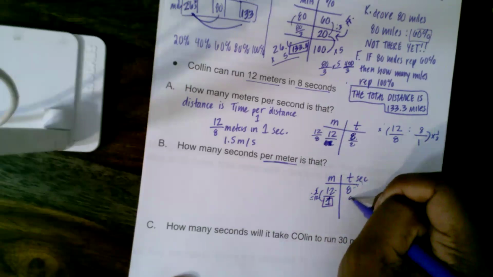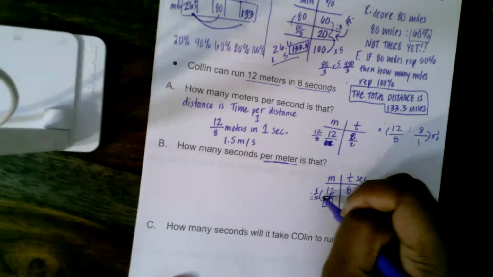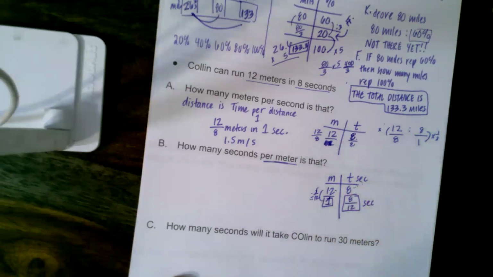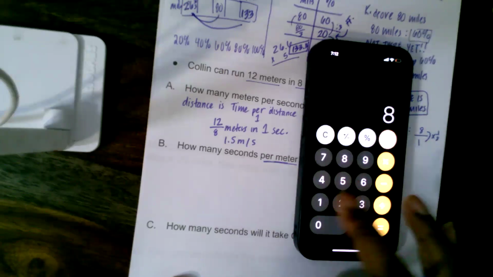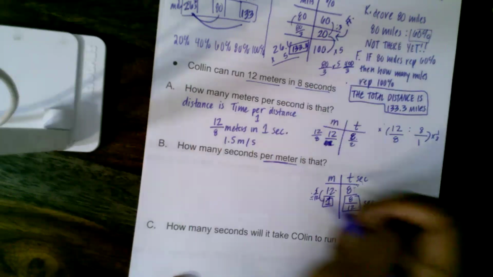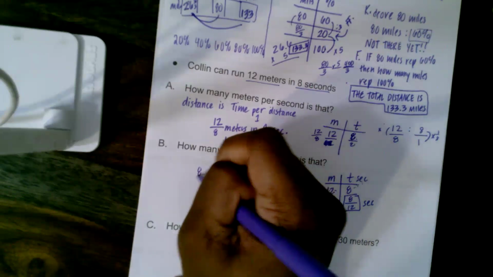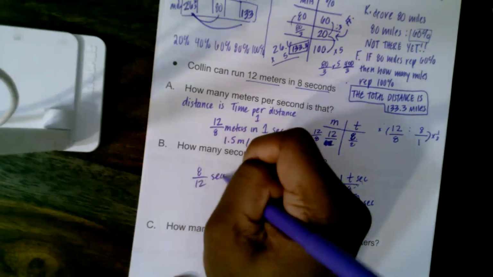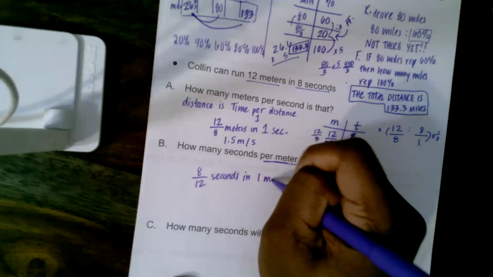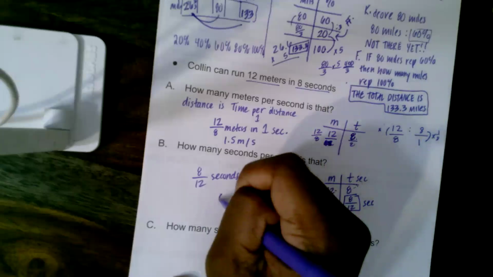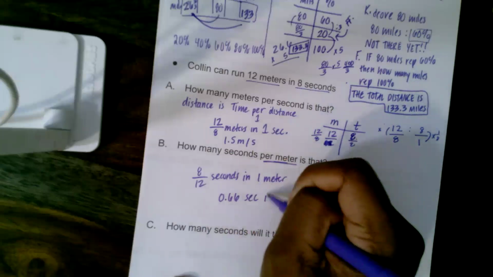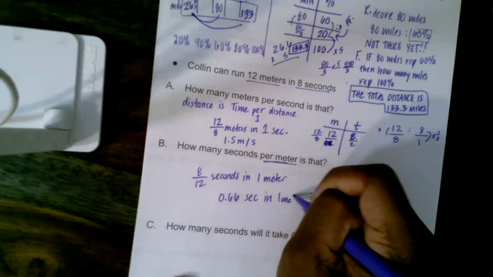But that means this has to be 8 over 12 because I have to divide it by 12. 8/12 seconds, which is about 2/3 of a second. You could put 8/12 seconds in 1 meter or 0.66 seconds in 1 meter.